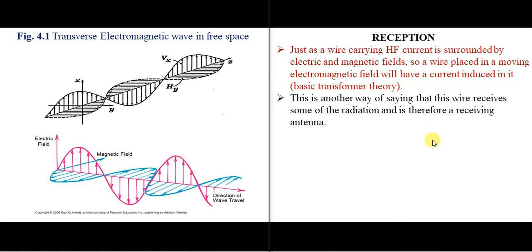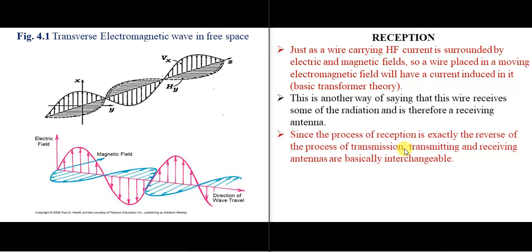Hence, we can say that the wire is receiving some radiation, and therefore it is acting as a receiving antenna.